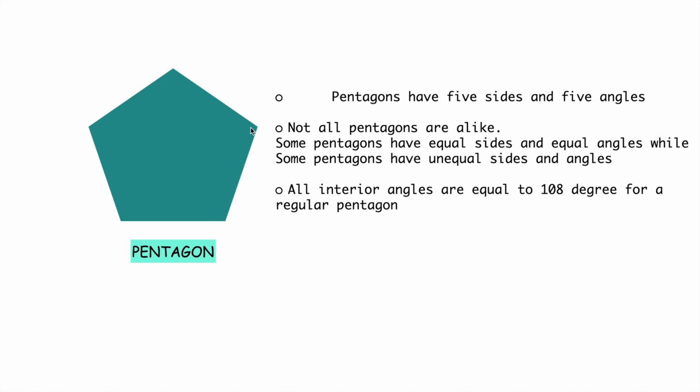The sides and the angles can be equal, can be unequal. But still we will call them a pentagon as long as they have 5 sides and 5 angles and it is a closed shape. I hope you understand. So the pentagons that have unequal sides and unequal angles are called irregular pentagons.